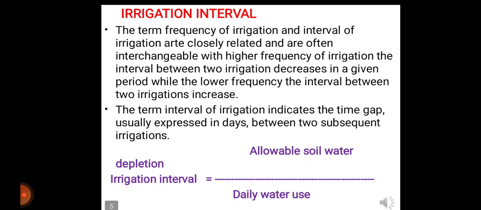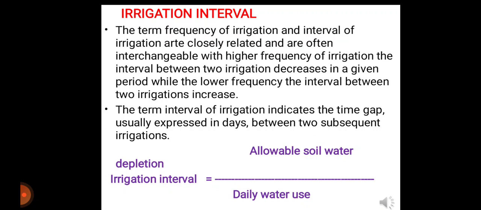Then what is meant by irrigation interval? The frequency of irrigation and interval of irrigation are closely related and are often interchangeable. With higher frequency of irrigation, the interval between two irrigations decreases, while with lower frequency the interval between two irrigations increases.